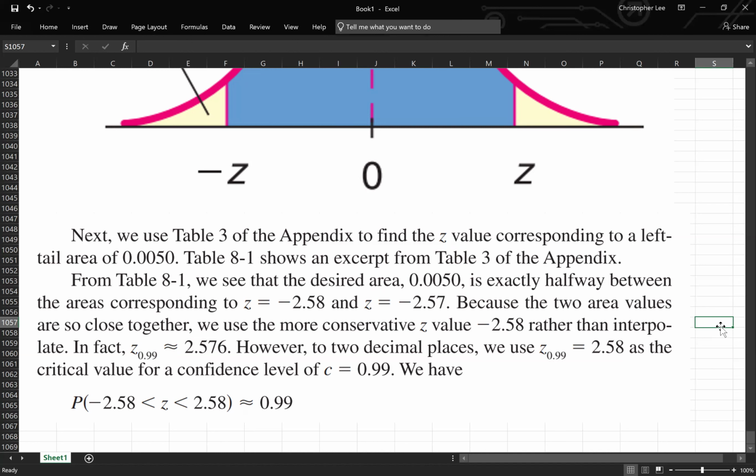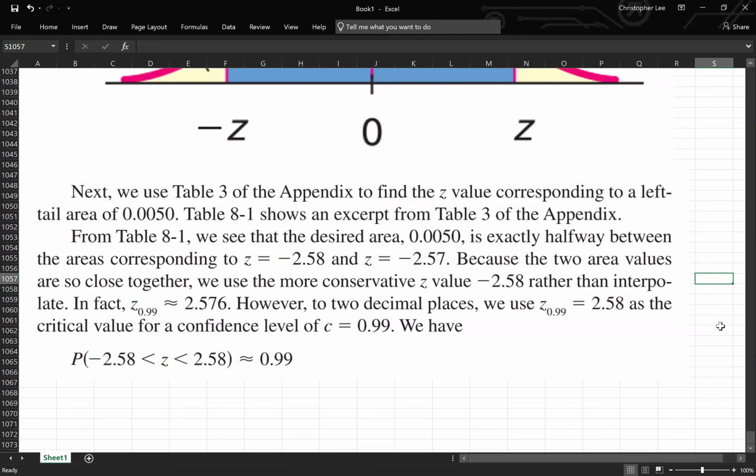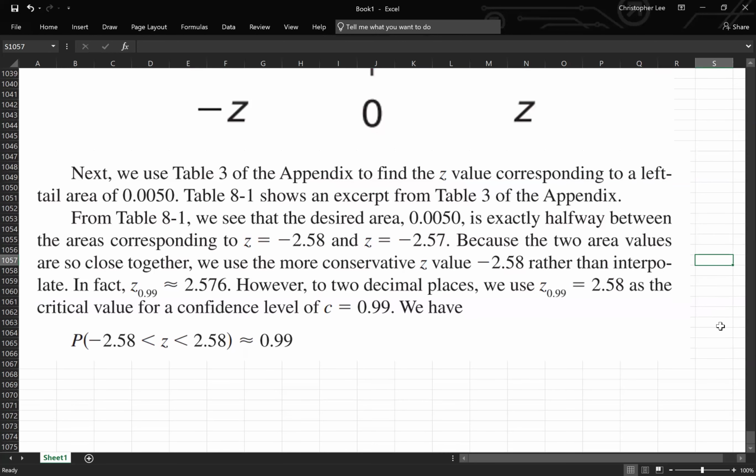However, to 2 decimal places, we use Z for 0.99 equal to 2.58 as the critical value for a confidence level of C equal to 0.99. So the probability of negative 2.58 less than Z less than 2.58 is approximately 0.99, our critical value.